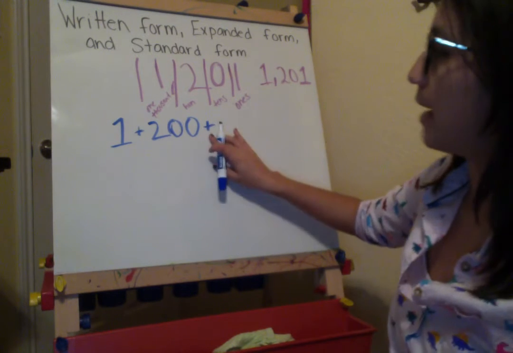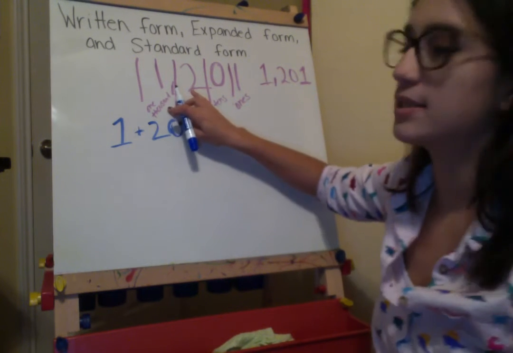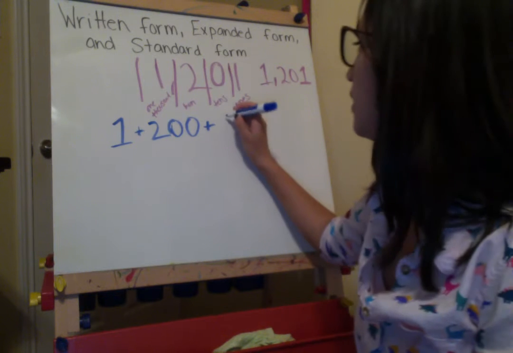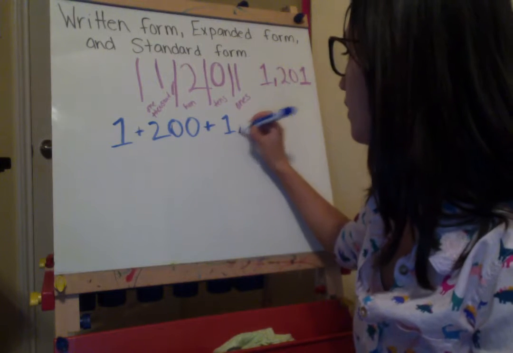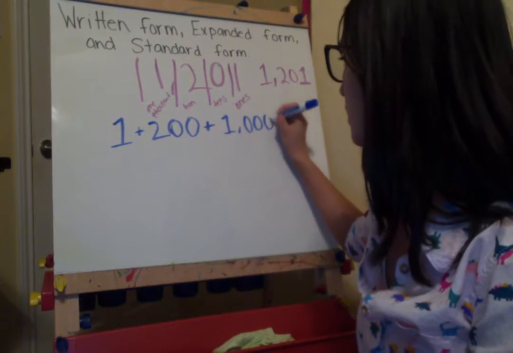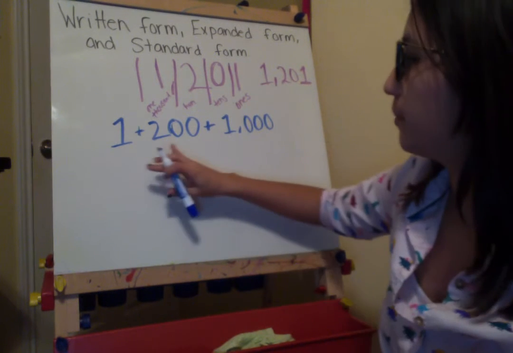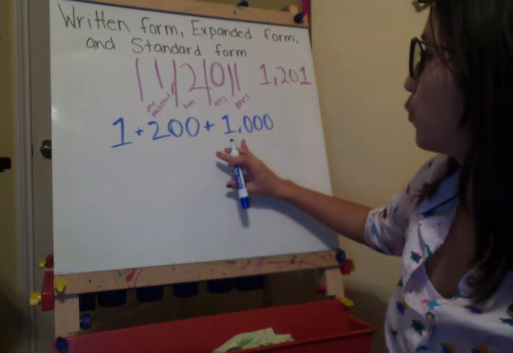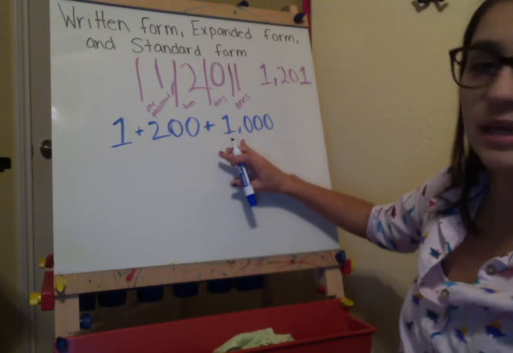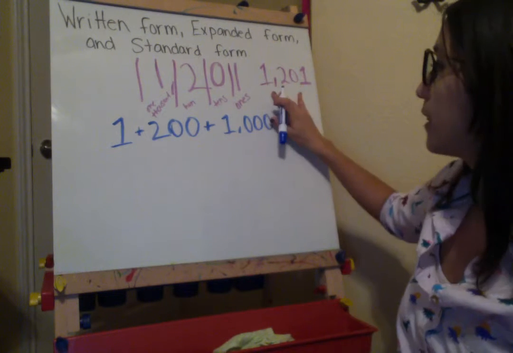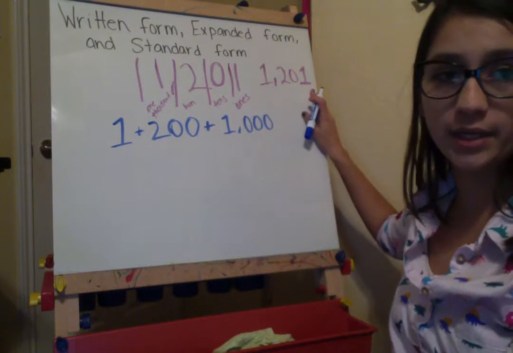And then, lastly, we have one set of 1,000. So we're going to put 1,000. Okay? So 1 plus 200 plus 1,000 is the expanded form of 1,201.